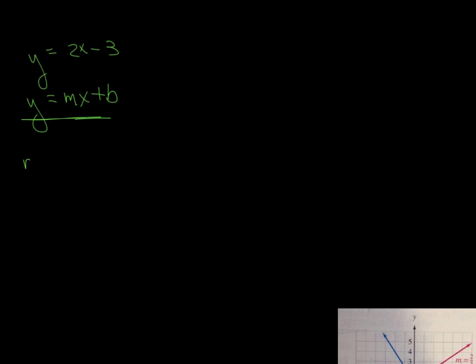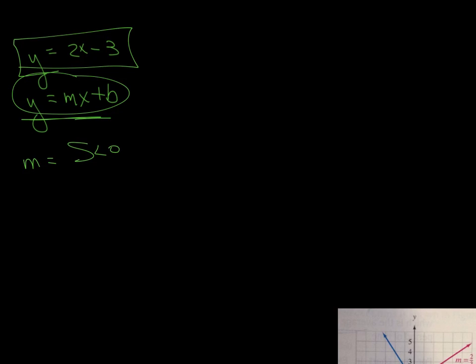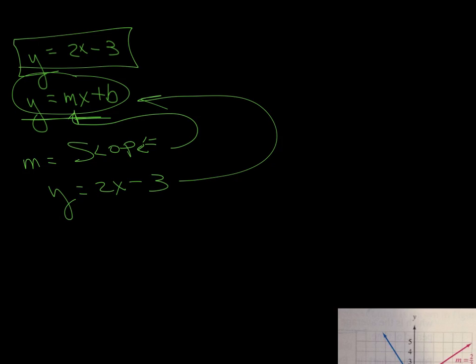Well, the letter m, when it's written in this format, m is always the slope. So if you have it written in that format, the number in front of the x is the slope, and you're done. So is y equals 2x minus 3 written in slope-intercept form? Yes, it is. So the slope is the number in front of the x, which in this case is 2.